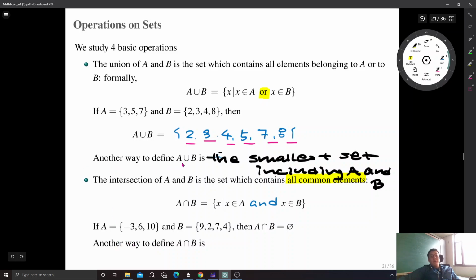Just as we defined the union in an alternative way, we can define the intersection so.